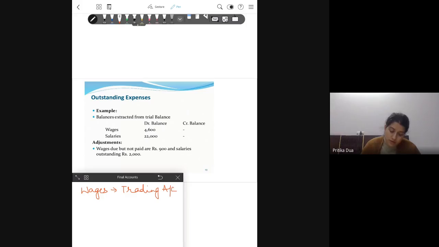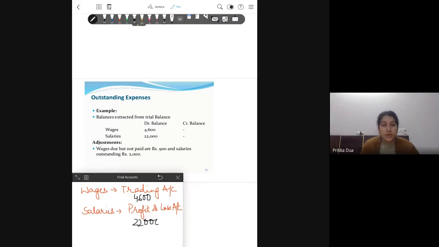Your amount, you just note it down, is 4600, while salaries, they are paid to the office staff which is helping in administration, so it comes in the profit and loss account, and the amount is 22,000.